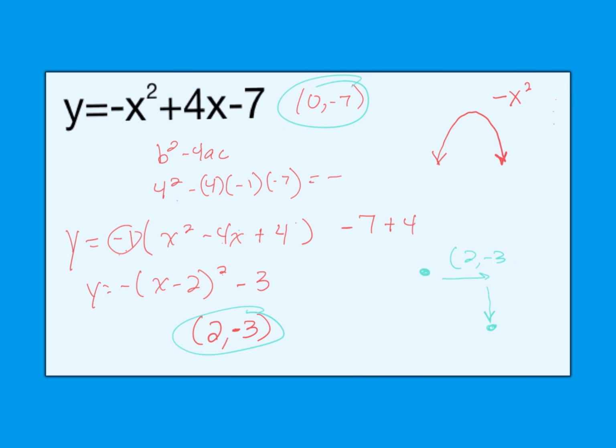And that point is going to give me 3, negative 4. We have another point. We're going to go over 1, down 1. And that point is going to give me 1, because I went to the left 1, down 1, negative 4. Okay? Wow. Well, let's graph that real quick.